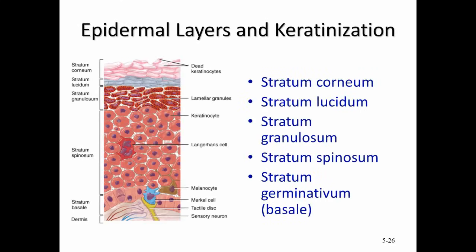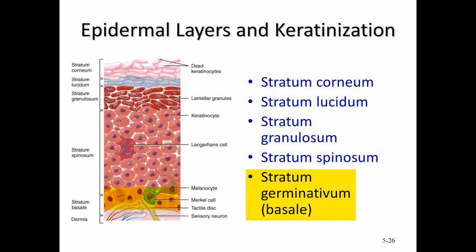And here are our layers. So if we look at this cartoon version here, we have the stratum corneum at the very top. It contains your dead keratinocytes. This is what sloughs off throughout the day. We have the stratum lucidum. Lucid means clear. It's the clear layer. Then we have the stratum granulosum, the grainy layer. Then below that, we have the spiny layer, the stratum spinosum. And then below that, we have the stratum basale, or germinativum.